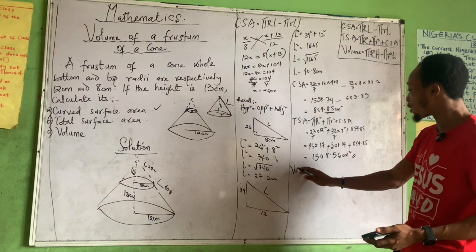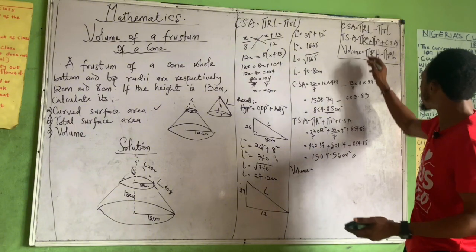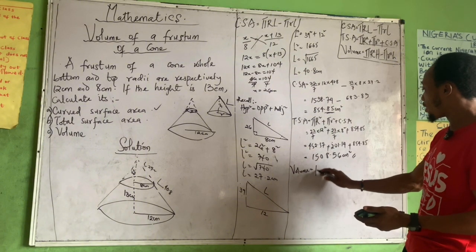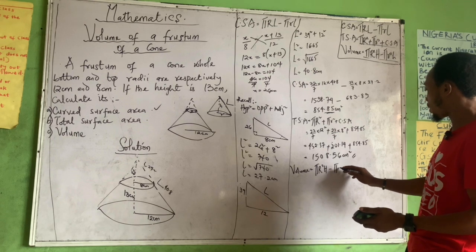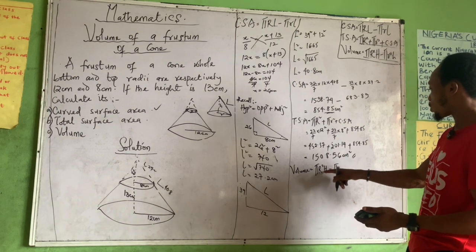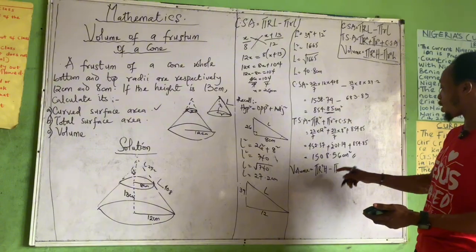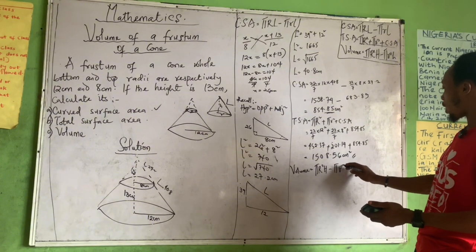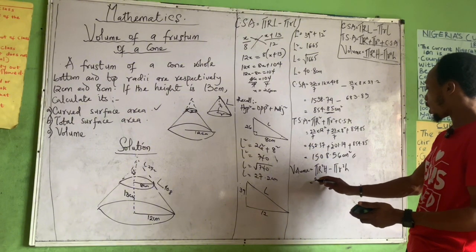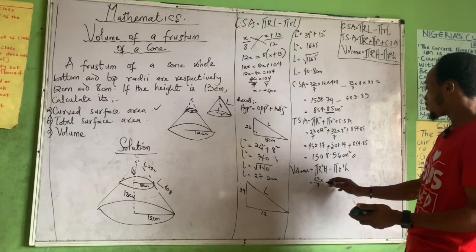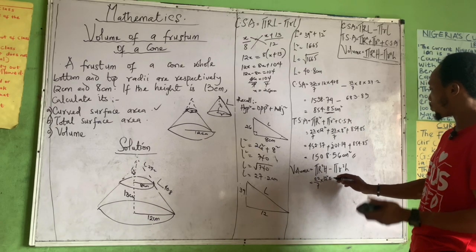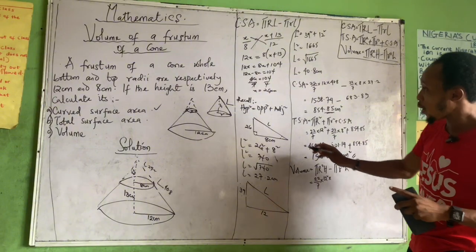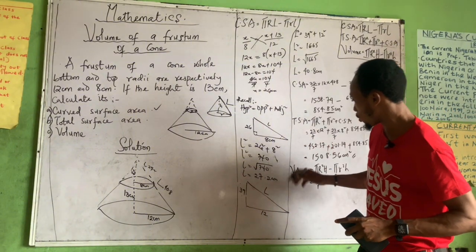Now the last one, volume. The formula is here. We have big pi r square big h minus pi small r square small h. That will give us 22/7 times big radius 12 square times big height, which we've gotten already.